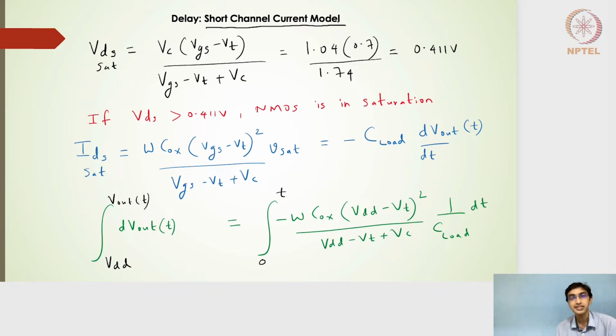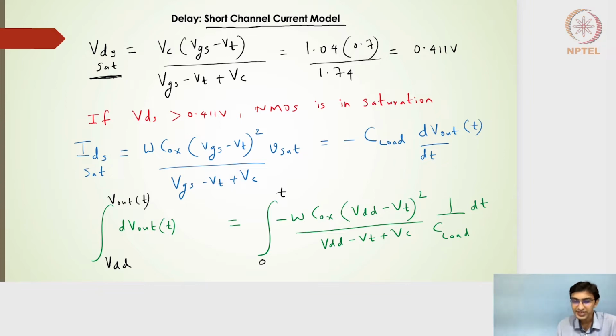Now remember that in a short channel current model, the VDS saturation is a combination of the pinch-off as well as the velocity saturated region. It is nothing but equivalent to a parallel combination of the pinch-off region and the velocity saturated region.